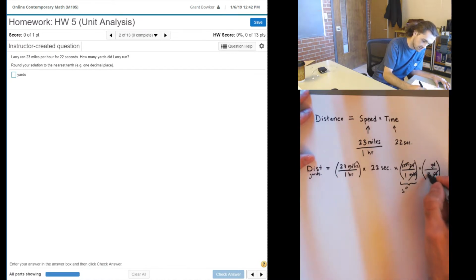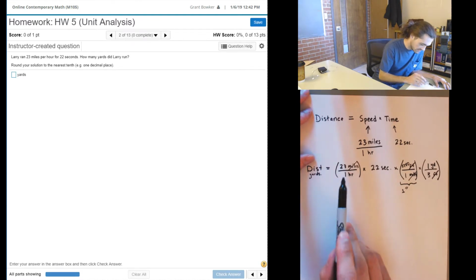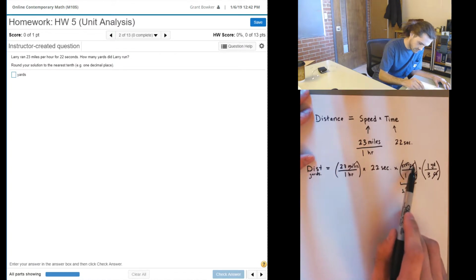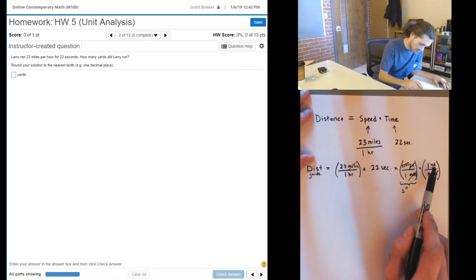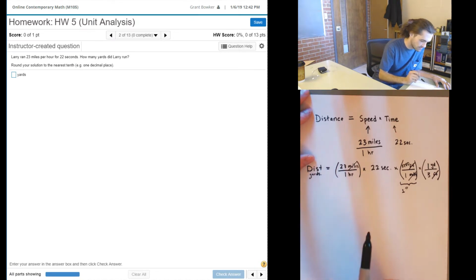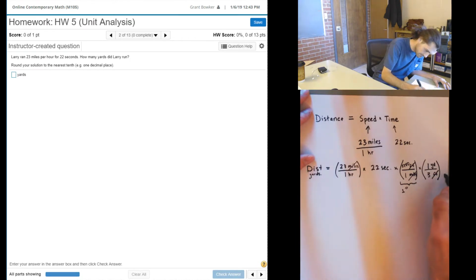I know there's 3 feet for every 1 yard. Inspecting my units, miles went away with miles, feet went away with feet. I'm left with yards. Now I have this hour and this second kind of gumming up the gears a little bit. So I need to multiply by another fraction.